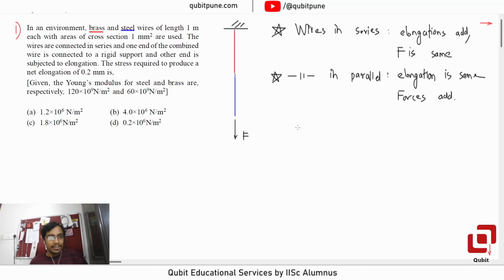Now coming back to the question, we have to determine the stress required to produce net elongation of 0.2 millimeters. So I can say that net elongation, that is delta L, is delta L1, let us say this is the first wire, plus delta L2, the second wire. Now, under validity of Hooke's law, what expression do we know? Sigma is equal to Y epsilon.